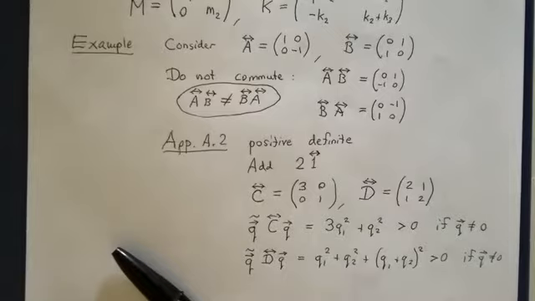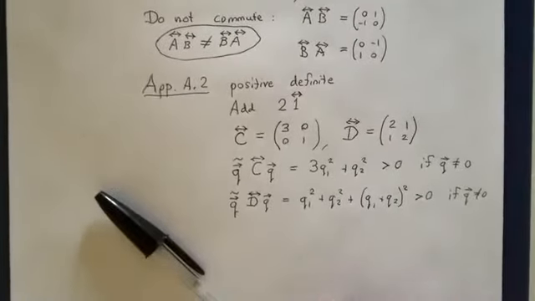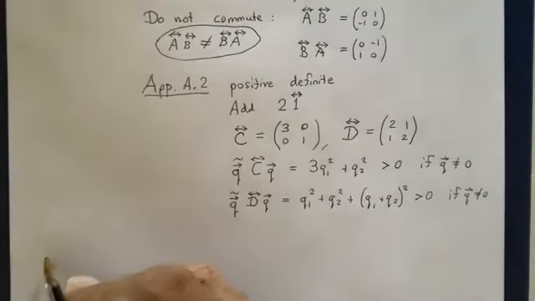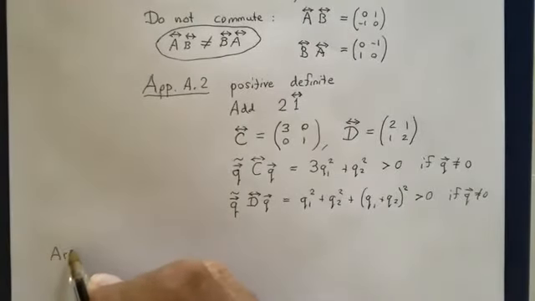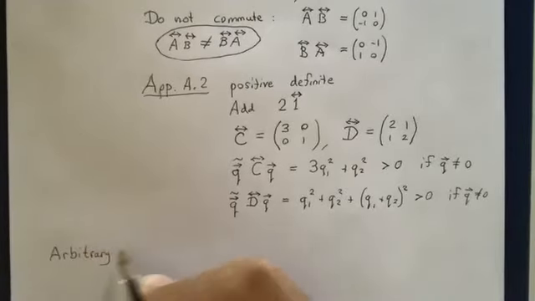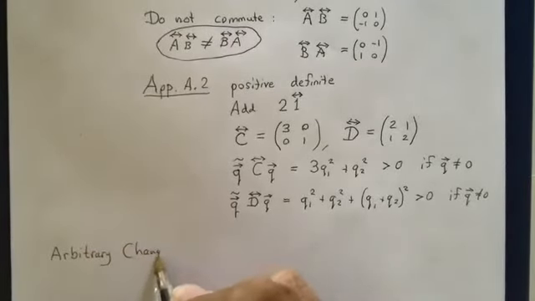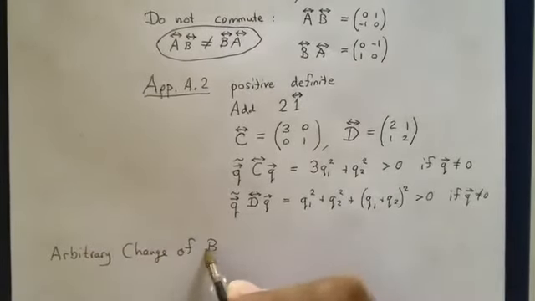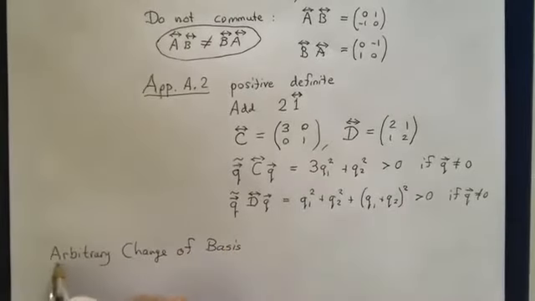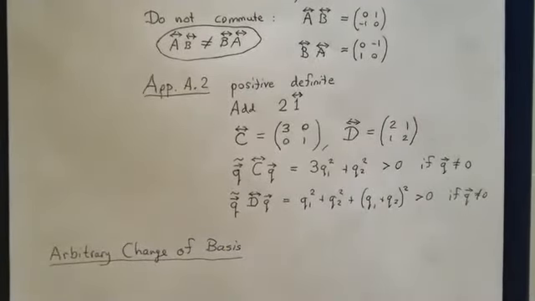Okay, so let's just make some general remarks on change of basis, arbitrary change of basis. So again, the topic here is change of basis. It's understood that you have some sort of original basis that you were working with.